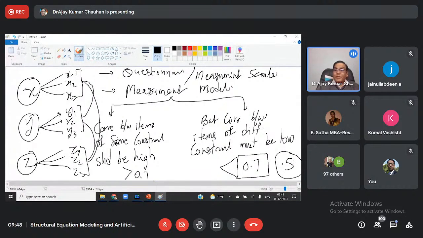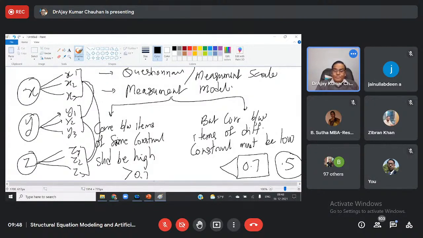They should not be greater than 0.5. So this condition is known as discriminant validity.